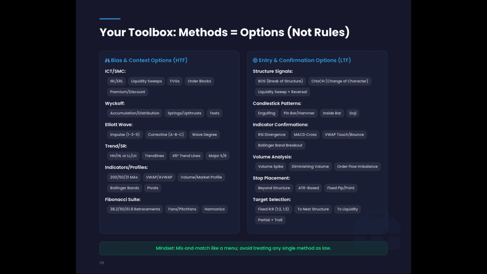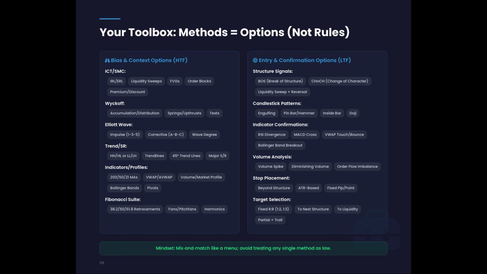Begin with the ICT and smart money concepts approach, where we map internal and external range liquidity, predicting flows, discerning between liquidity sweeps and genuine trends. Identify fair value gaps and order blocks, using premium and discount analysis to assess price valuations.